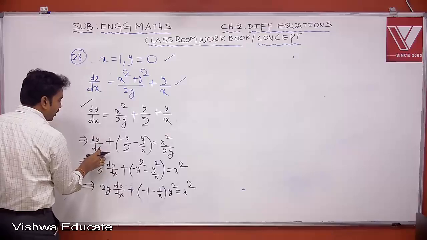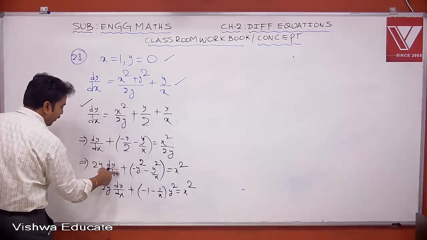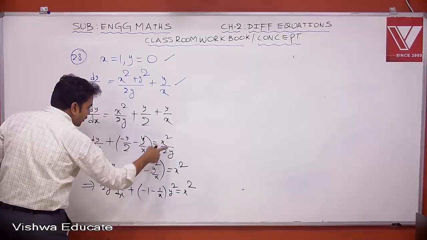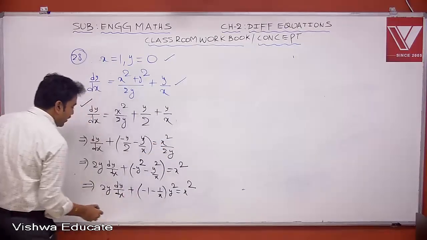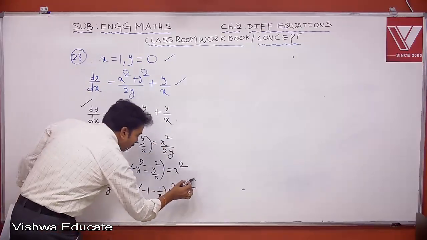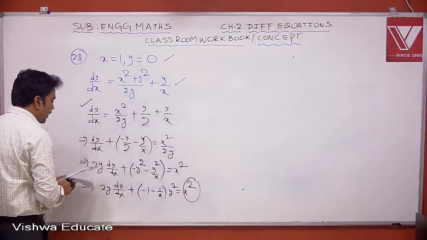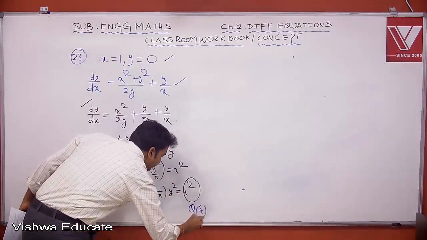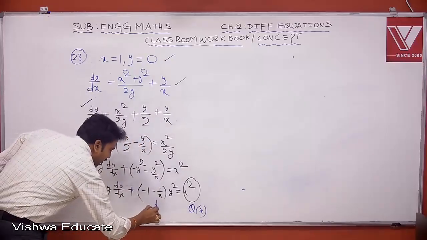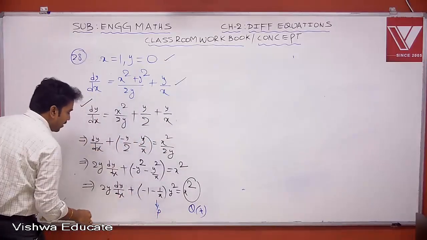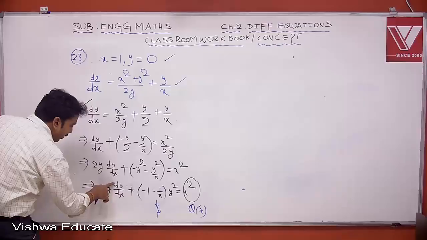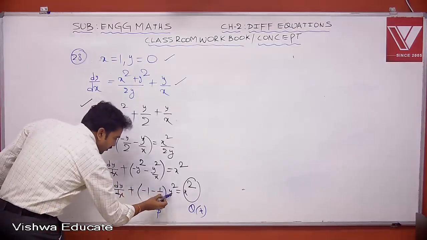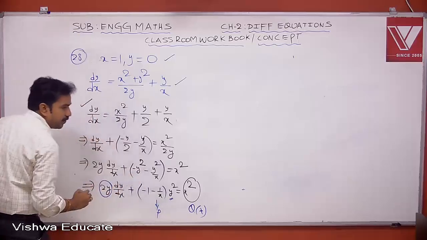When you multiply this equation with 2y, this becomes 2y dy by dx plus minus y square by x equal to x square. Therefore, here I have q of x as x square. It seems to be a linear equation in y, but not completely. The coefficient of dy by dx must be 1, but in place of 1 I have 2y, and in place of single variable y we have y square.